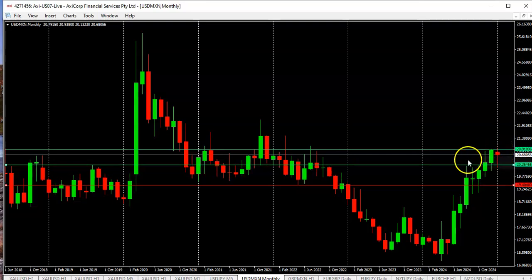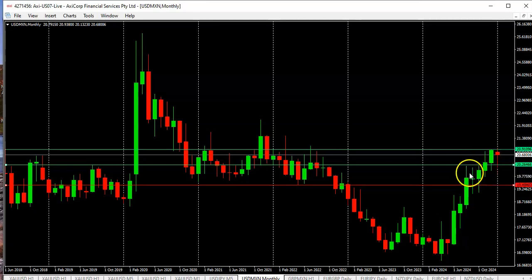Now, off the monthly, this is the next level of support. This is the 226466 level, right? Because you have multiple touches, you got 1, 2, 3, 4, this is historically a strong, potential support level.